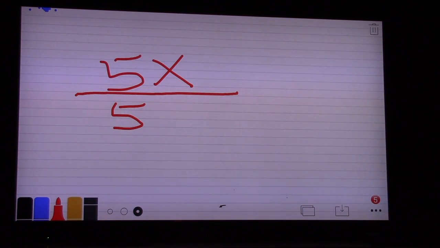And when I divide 5x by 5, how many 5s are in 5? Well, there's 1 5 in 5, so it becomes 1x. But remember, the 1 isn't really used, so it's like it's not even there. And so I'm simply left with x.